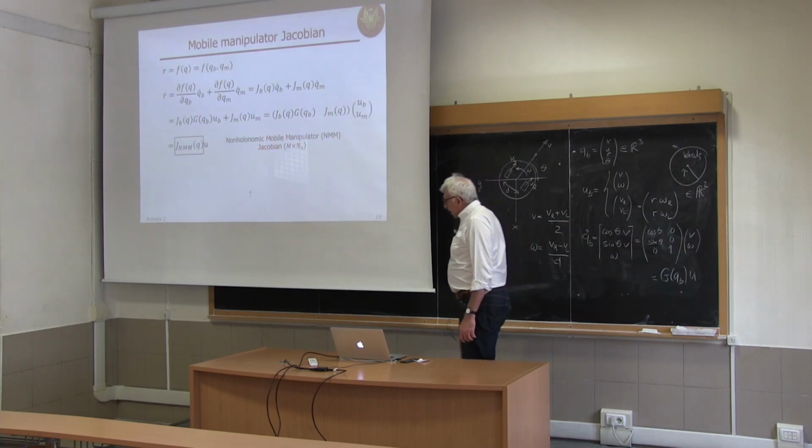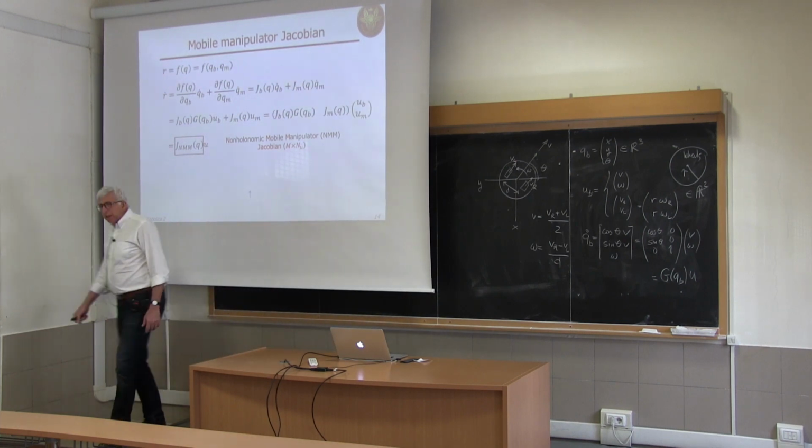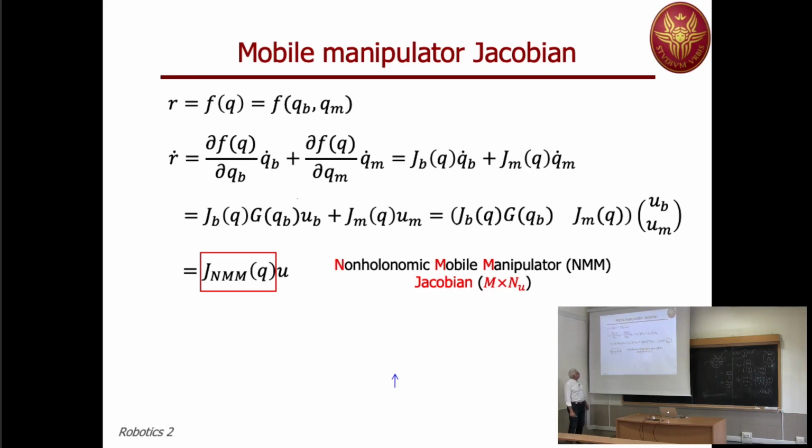So let's take the task kinematics, some function f of q. This will be a function, in general, of both the base variables, the variables of the mobile base, and the manipulator variables. So if we take the first time derivative, we have a partial derivative of this function with respect to qb, times qb dot, and the same thing for the other set of variables qm.